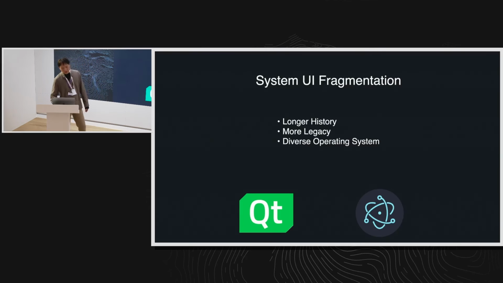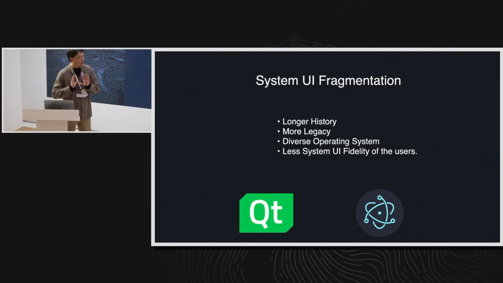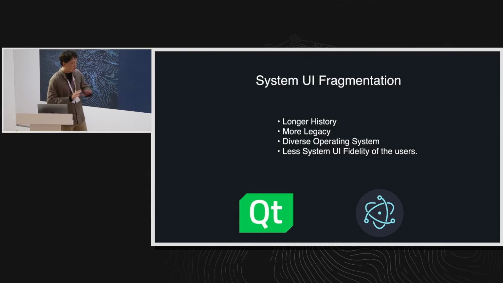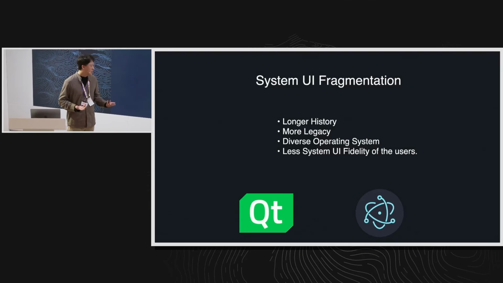As a result, users have less system fidelity in desktop design. For example, Android developers will follow Material Design and iOS developers use the HIG, but when developers are developing a desktop application, it seems there is no clear design guideline for the UI.